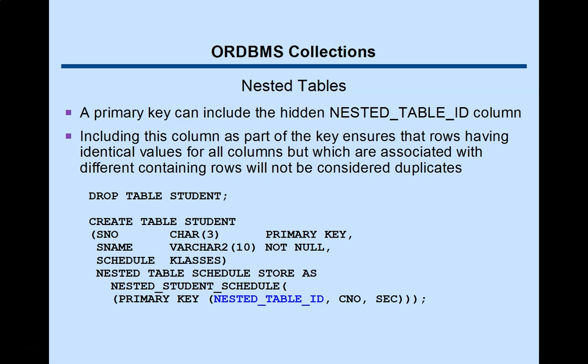We can then use this to define a composite primary key. So in this version of the student table, the primary key actually consists of 3 columns in total: the nested table ID hidden column and the 2 visible columns of CNO and SEC.